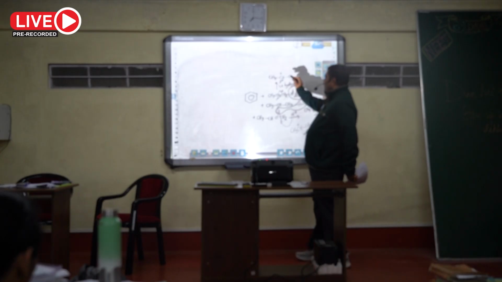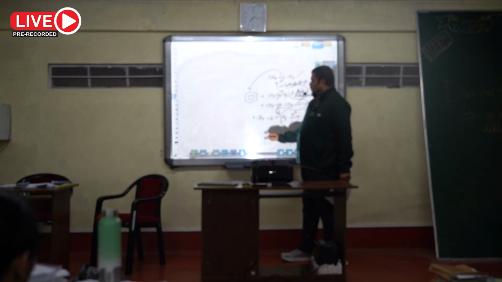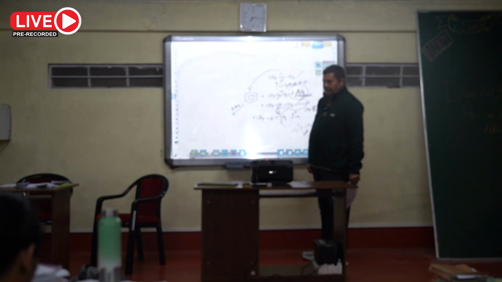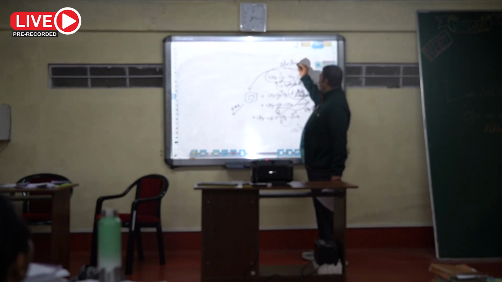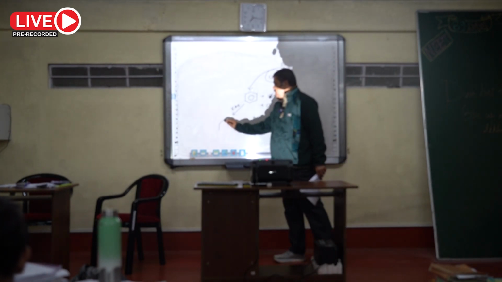So that will attack the benzene ring. So we get electrophilic aromatic substitution, EAS. Any positive species is called an electrophile. So you get isopropyl benzene.